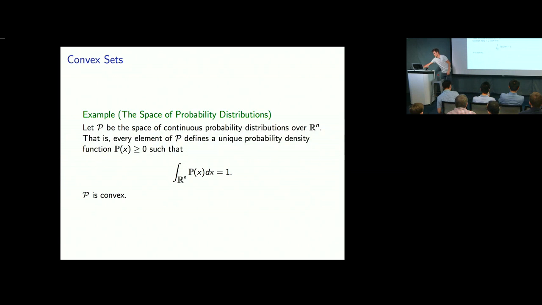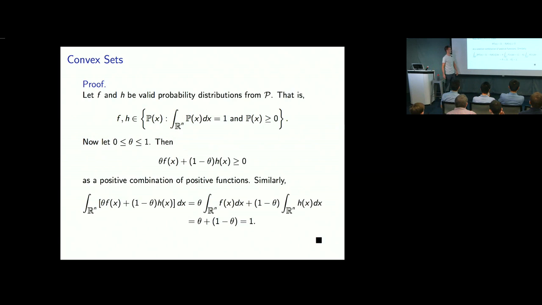And we can prove that because the only two properties that we're caring about right now are that you have some p of x function that integrates to 1 and is positive, and two functions f and h that we're trying to take a convex combination of, and we're trying to prove that they're still in that set. So you have some parameter theta again, and because both of these are positive, any convex combination is still positive.